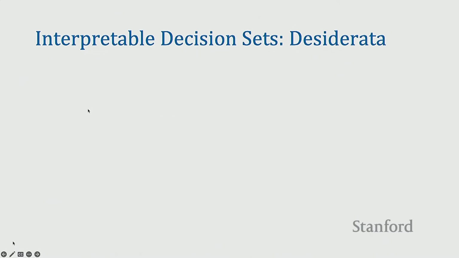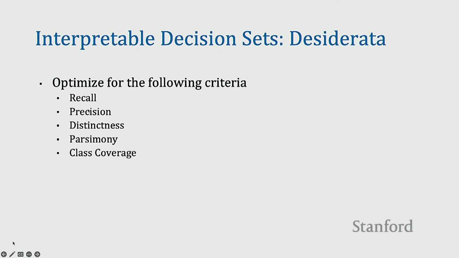This approach will also hopefully make it clear what exactly the desiderata are behind these kinds of approaches used to construct rule-based models, again in a renewed fashion since 2015. This is the set of criteria that this approach focuses on: you want to account for recall, precision, distinctness of the rules, sparsity in the rules, and covering all the classes.